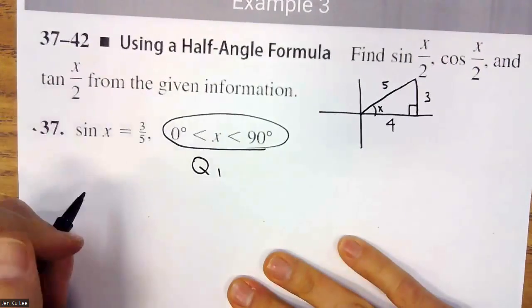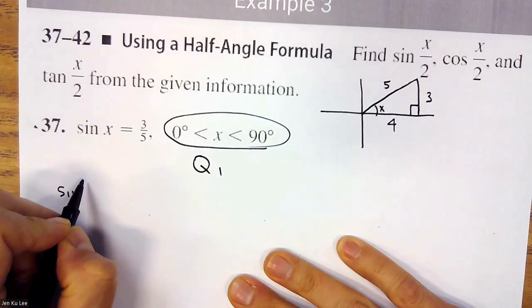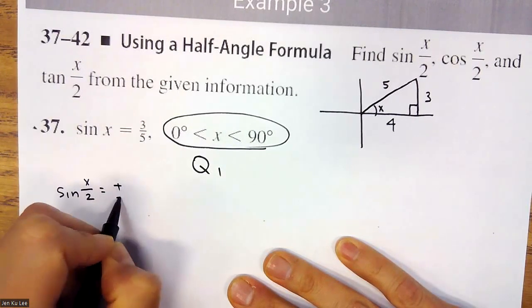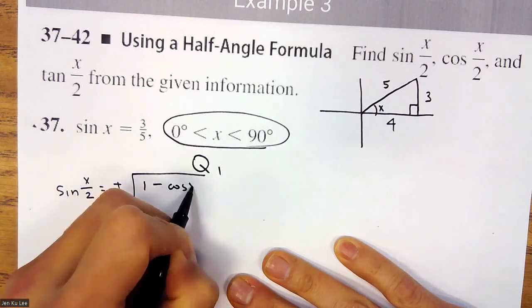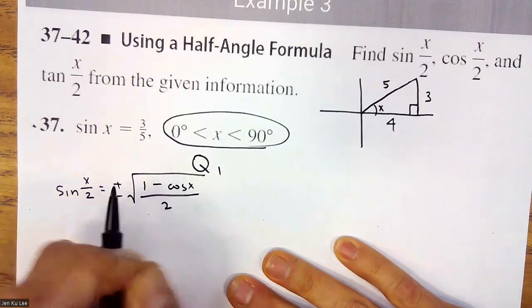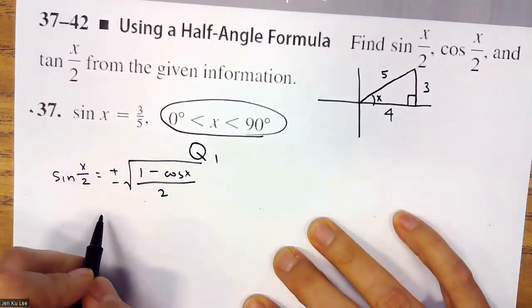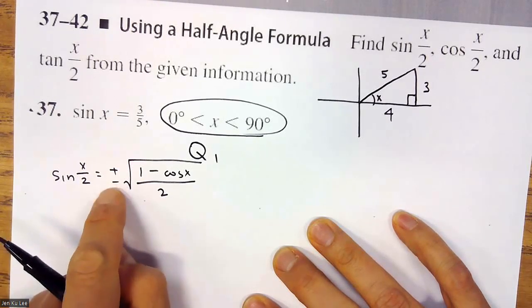So the sine of the half angle, I want to put x over 2, equals plus or minus the square root of 1 minus cosine of x over 2, right? So to get the sine, it's going to be a plus or a minus.